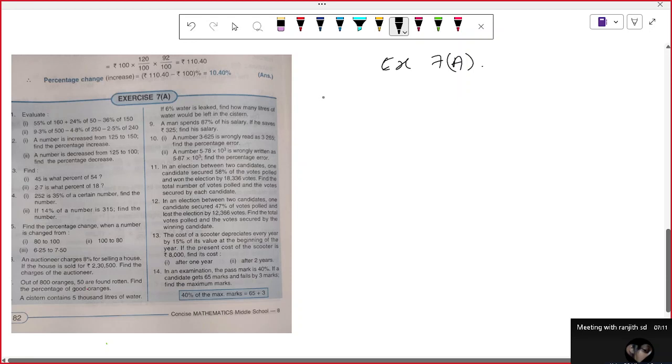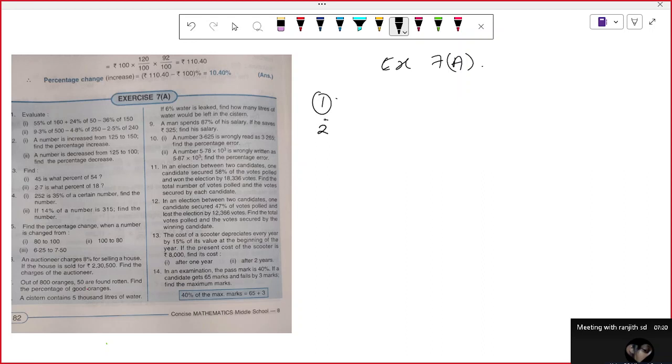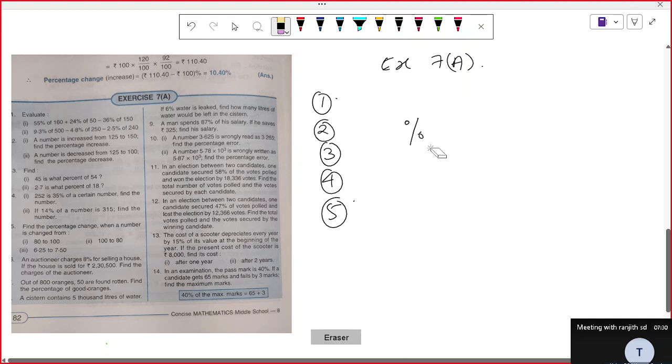In this, we did the first one, right? First, second, third, fourth, increase, decrease. Did you understand? Yes, sir. For all of these there's only one formula: percentage increase, percentage decrease, error.